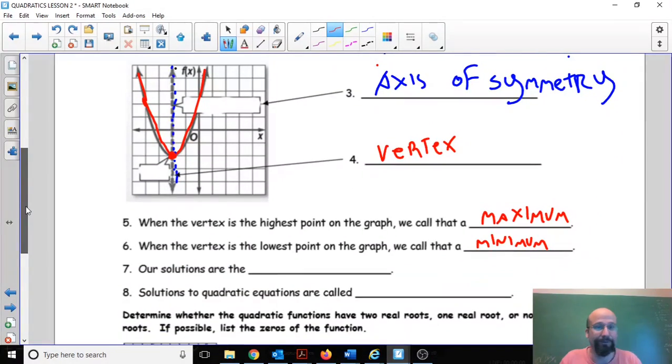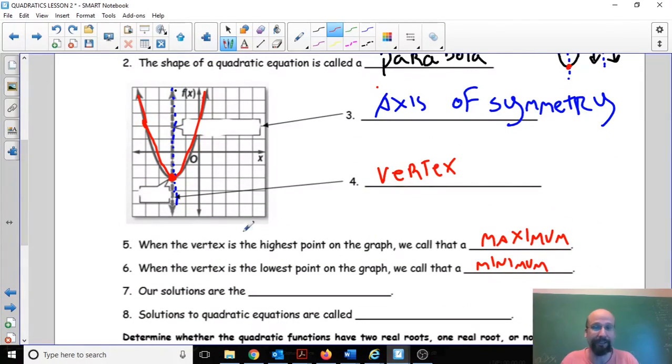All right, so the solutions to a quadratic, what we did last lesson, the solutions are the x-intercepts. Right, where does your quadratic cross the x-axis? X-axis. In this case, it crosses here. We'll make it green.